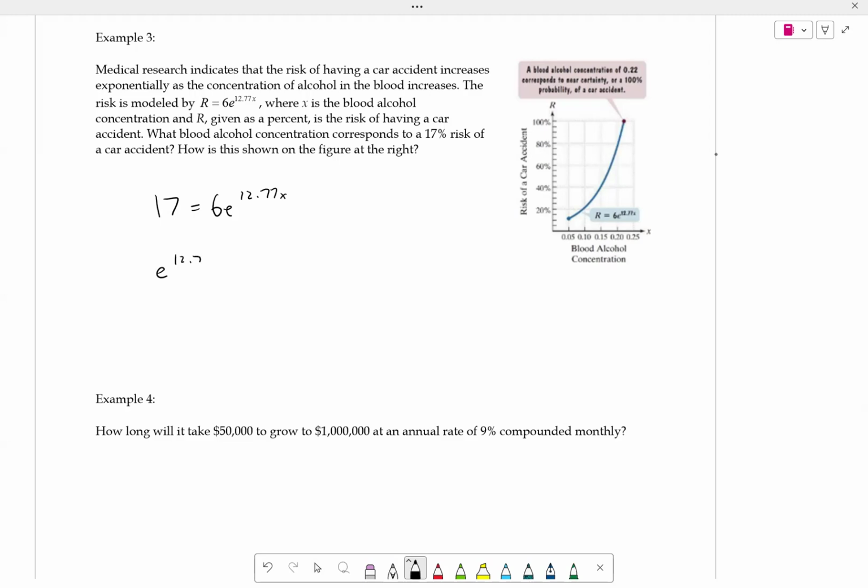And then this ln and the 17 and the 12. So from here, you change it to ln of 17 over 6, you said? Equals 12.77 x. So x is equal to 0.082. 0.082. So just putting it all together.